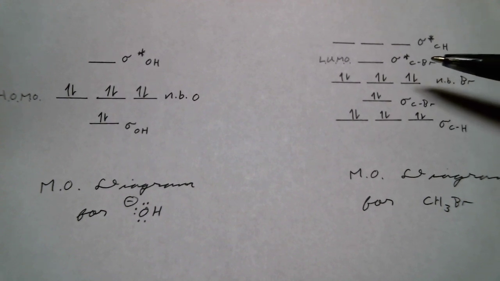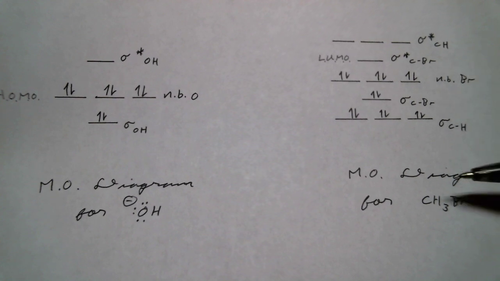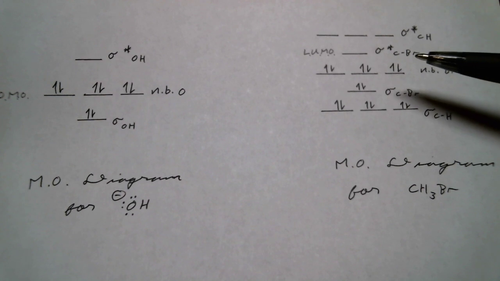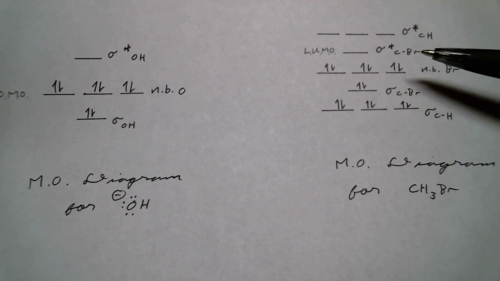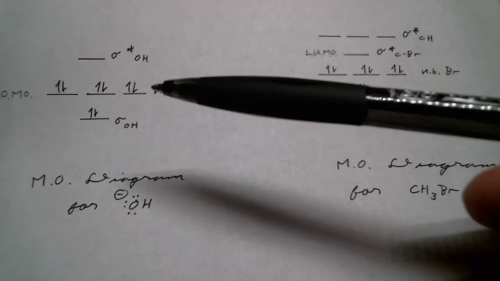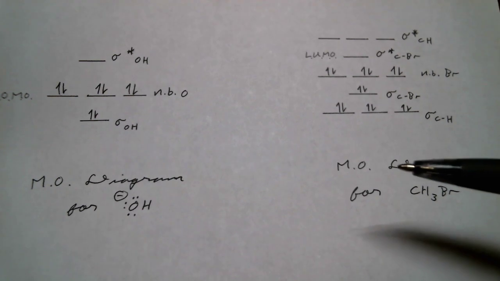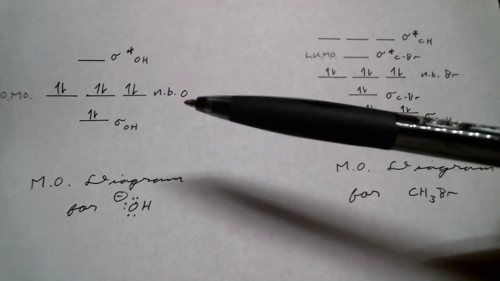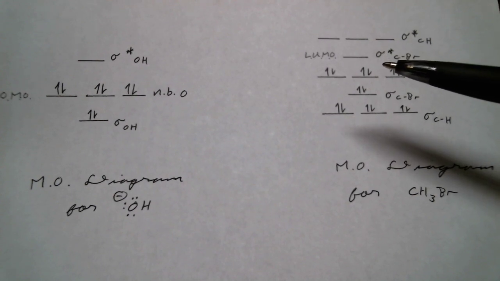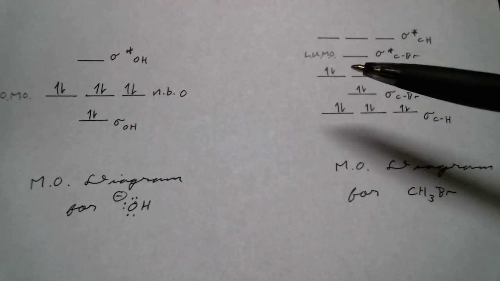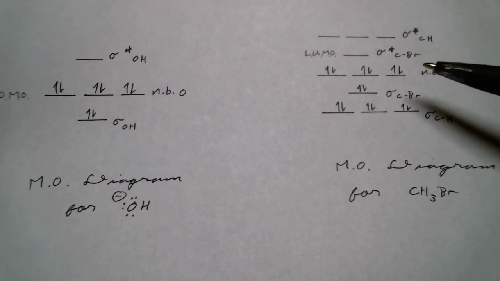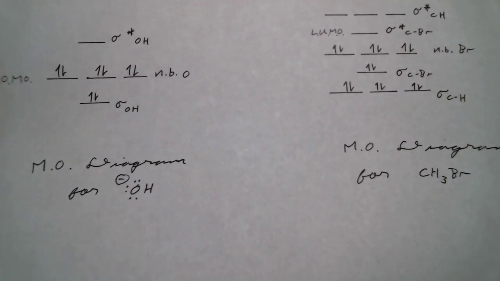Anyways, the lowest unoccupied molecular orbital for our molecular orbital diagram of methyl bromide is the sigma star antibonding carbon-bromine molecular orbital. So that's the orbital that can take electron density. So obviously, when hydroxide bumps into methyl bromide, it's going to put its non-bonding electron pair into the molecular orbital that can most easily accept it. That's the antibonding molecular orbital for the carbon-bromine bond, and that has the effect of breaking that carbon-bromine bond.